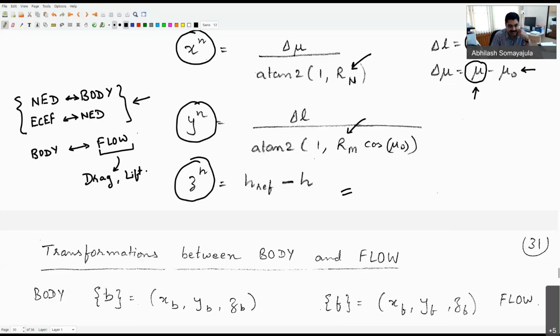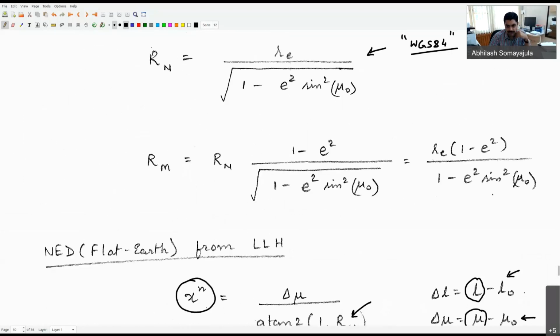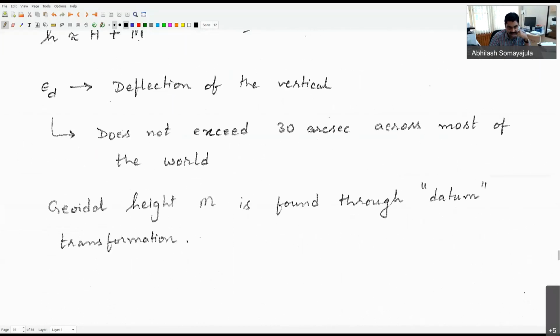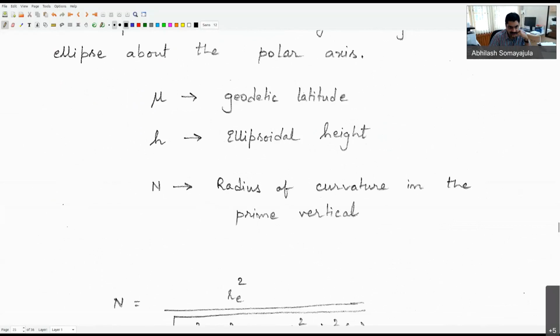Does everybody recollect that somewhat? We define this frame as F. We talked about this before, didn't we? Certainly we did.